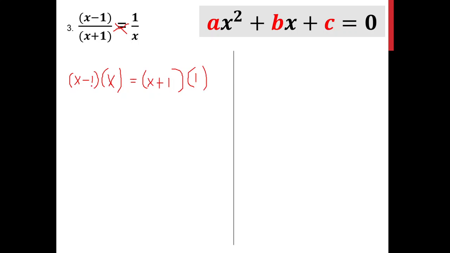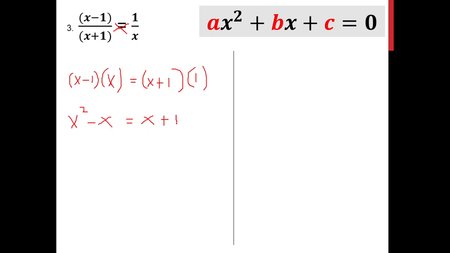Then from here, we'll use the distributive property of multiplication to simplify things. So you have x times x, x squared. X times negative 1 is negative x, or negative 1x, equals, here also, 1 times x is 1x, or x. 1 times 1 is positive 1.